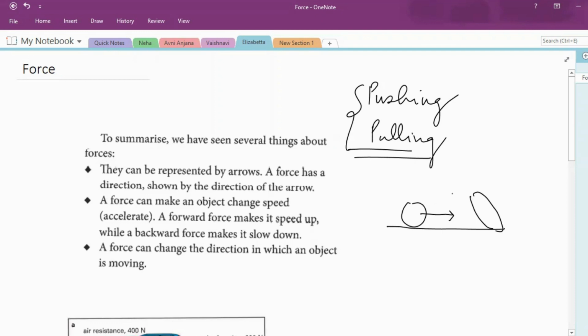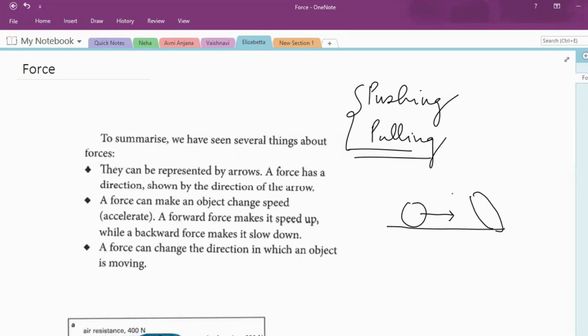There's one more thing that force can do, and that is it can change the direction of an object. For example, when we play games like cricket or badminton or hockey, when we strike, what happens?